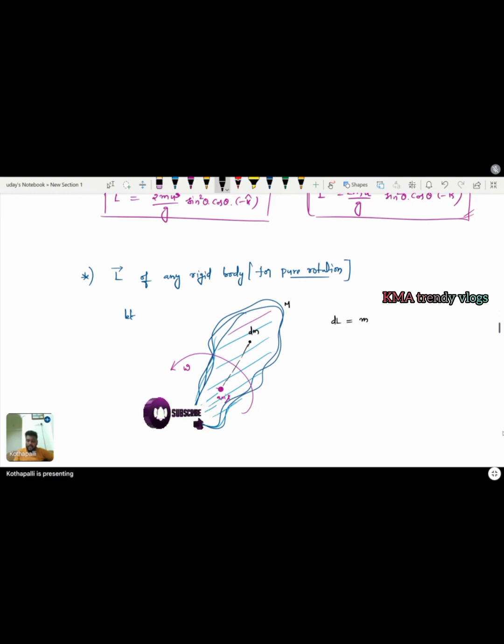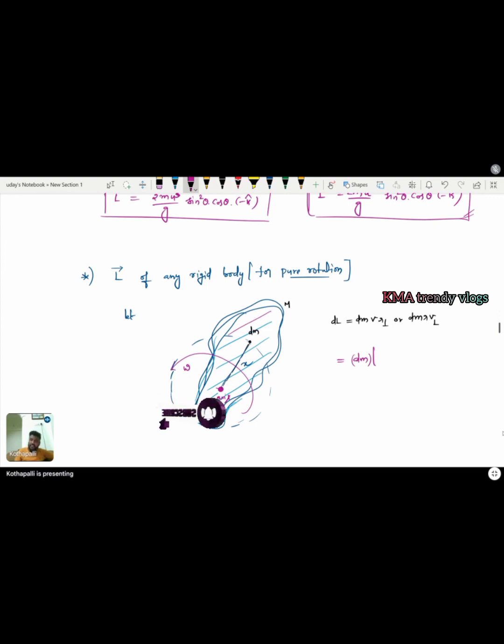M into V into R perpendicular, where M is dm. This will be in a circular path only, so R perpendicular is nothing but the radius. Let's take the radius as any x.